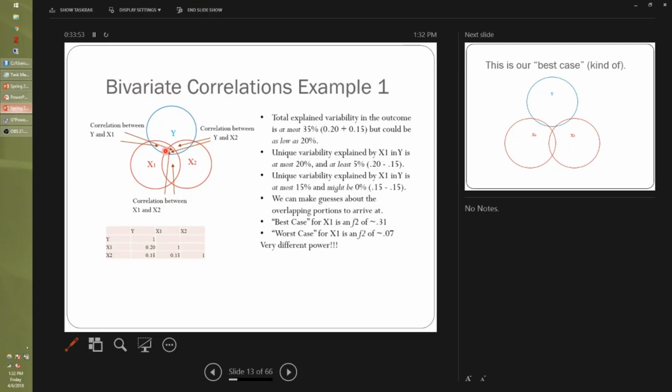Even if X1 and X2 collapse across each other, like two circles overlapping with depression, you'd still have 20% explained no matter what. Anxiety couldn't eclipse the amount explained by treatment. Does that make sense?